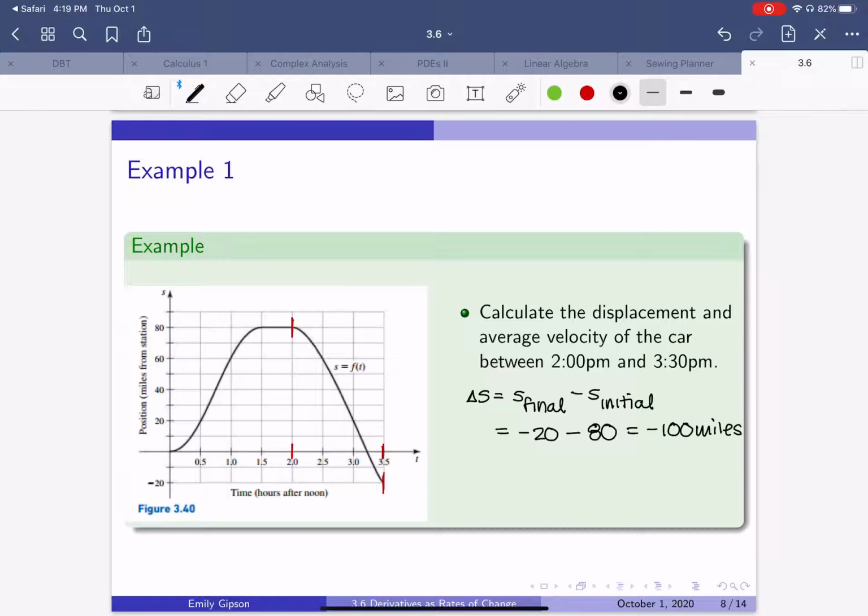And then the average velocity of a car is going to be delta S over delta T. So we have negative 100 miles over 1.5 hours, which means in general we traveled about 66 miles per hour headed west, and that's what that negative sign means.